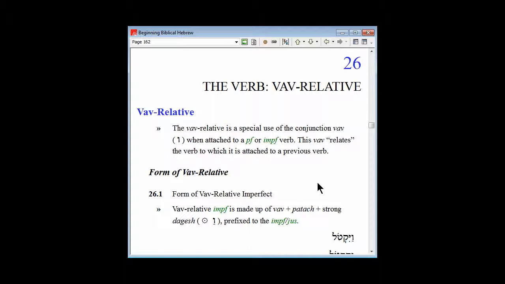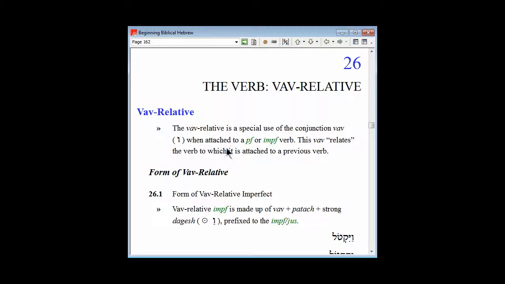You just translate it "and," or maybe "but," or something like that, depending on the context. This chapter is going to be talking about the Vav conjunction specifically and only with respect to this chapter attached to verb forms. Okay, so that's the first thing to tuck in under your belt. This chapter is about the Vav with verb forms, but let's just jump in.